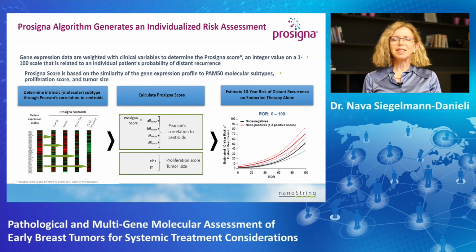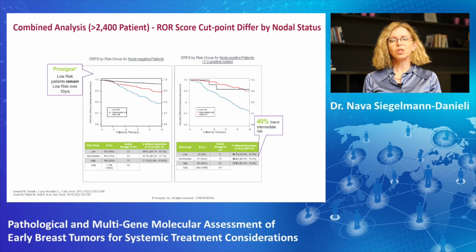And those genes are expressed, and they give you the intrinsic subtype, but they also developed something like a recurrence score, and they call it ROR, risk of recurrence, and they considered both the genes and the tumor size and the nodal status.